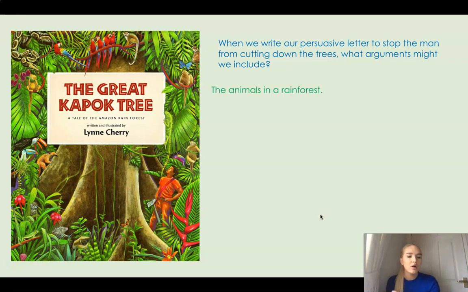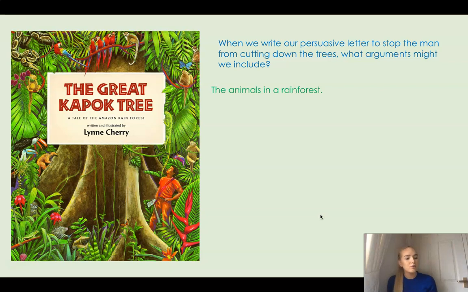So that is one argument that we might include. And I've written it like the animals in a rainforest, because that would be a subheading that I might use. Although in a letter, we're not going to be using subheadings, but when we plan our persuasive letter, we will write our subheading and then write all of our information about it, so then we can put that straight onto our letter. So that's one argument that we might include.